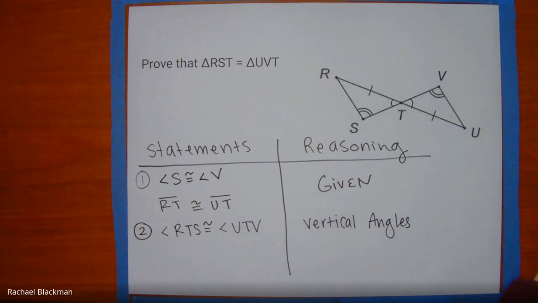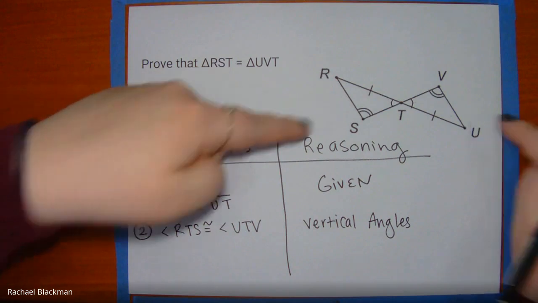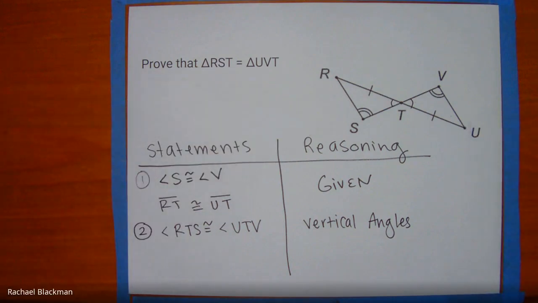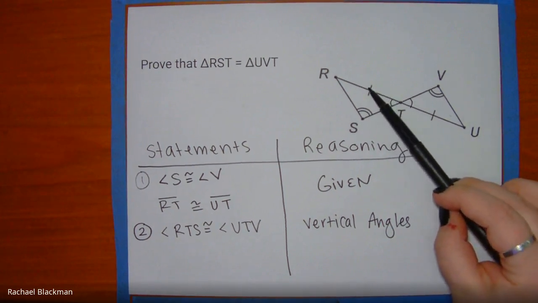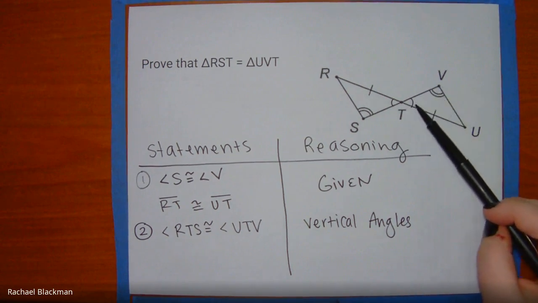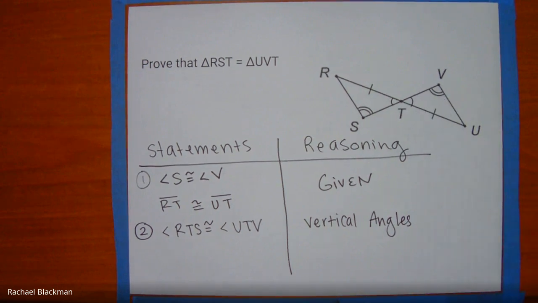Okay, now from here, what does that look like? Is that going to be a triangle congruence theorem? What's the one we wrote down yesterday?